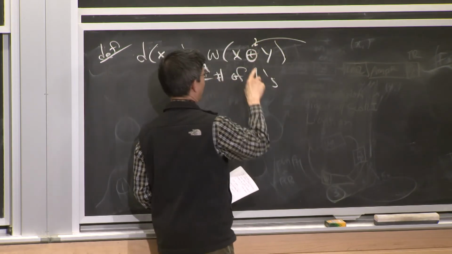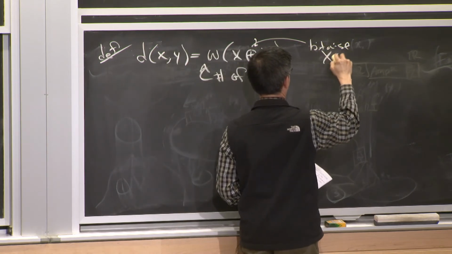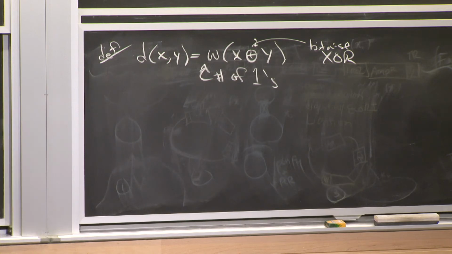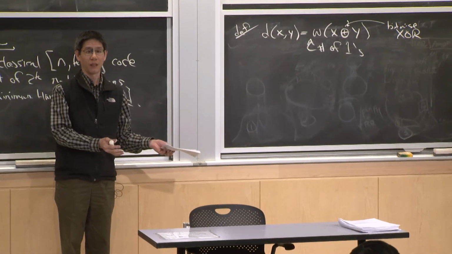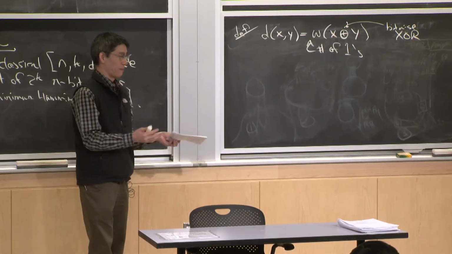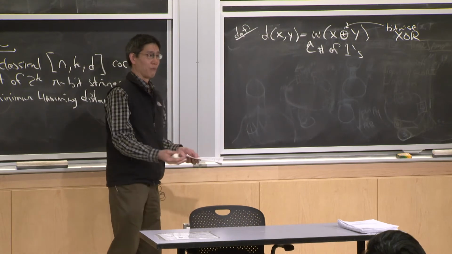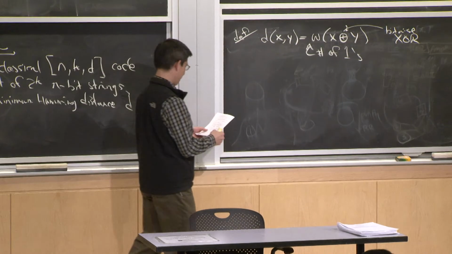And this here is a bitwise exclusive OR between the 2 strings x and y. And for linear codes, when Professor Shor described this, there was just an addition sign there. And what he meant was for it to be modulo 2 in the sum. And when you're using general bit string codes like I have here, this is the more general way to look at it.